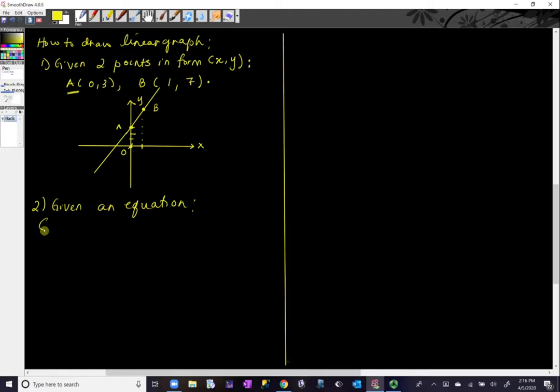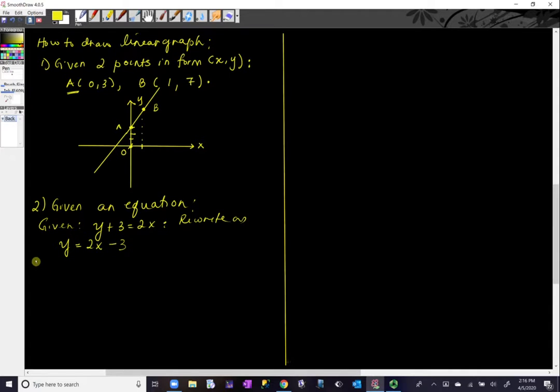So if I'm given the equation y plus 3 equals 2x, you always want to rewrite it as y equals 2x minus 3.